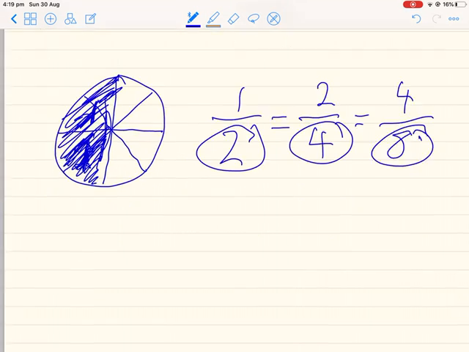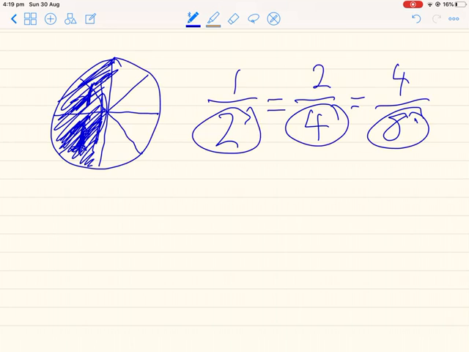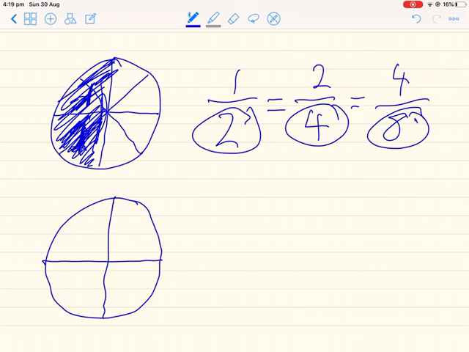So here we go, I'm going to do it as best a circle as I can. I'm going to split it up into fourths, eighths, and if I divide it up again as best I can, I'm going to get 16ths.